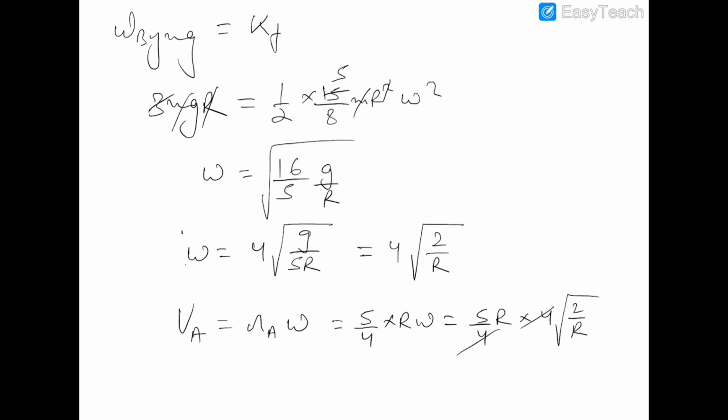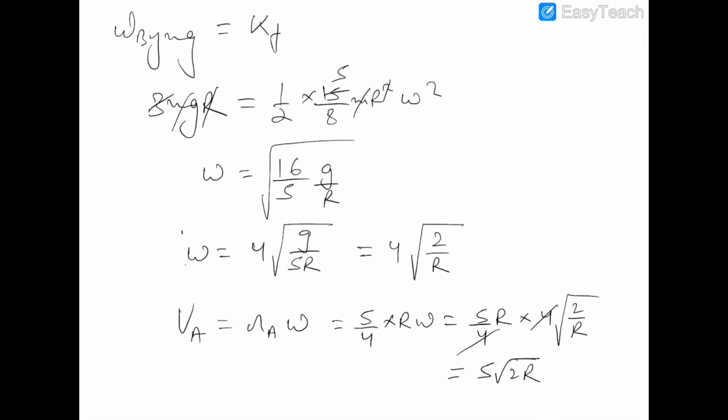So cancelling this 4 with 4, this is under root of 50 r, under root of 5 root 2r.